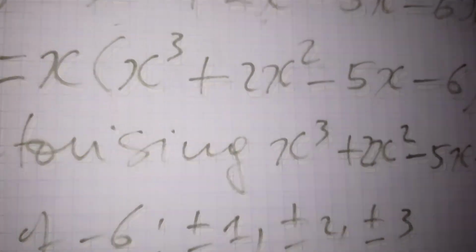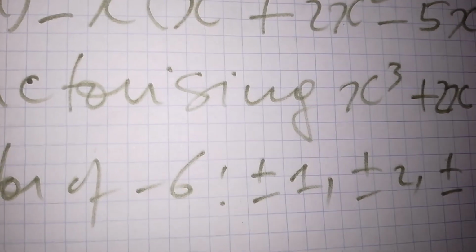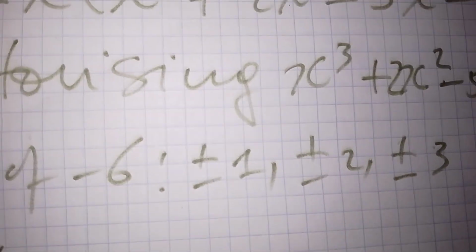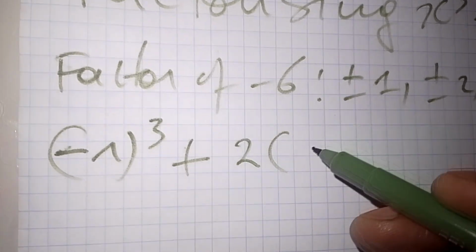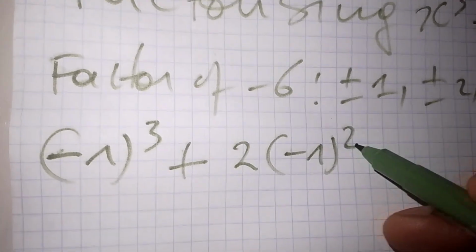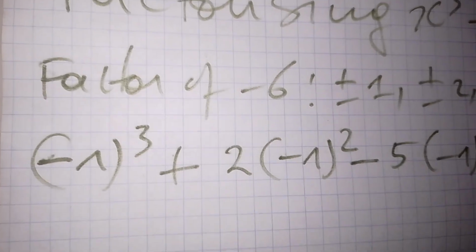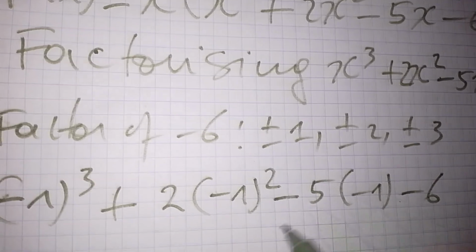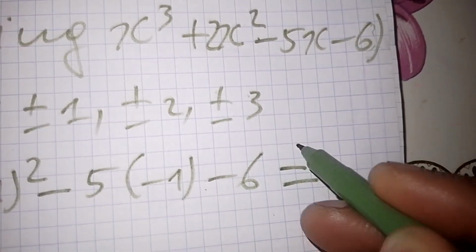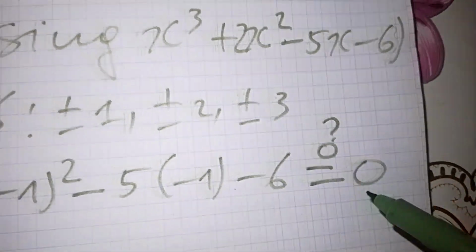Try minus 1. Minus 1 power 3 plus 2 times minus 1 power 2 minus 5 times minus 1 power 1 minus 6. We are going to check if this is equal to 0.